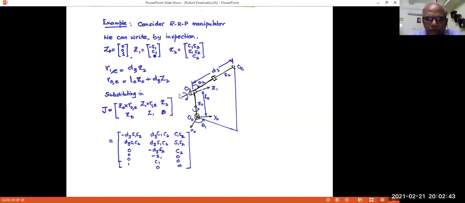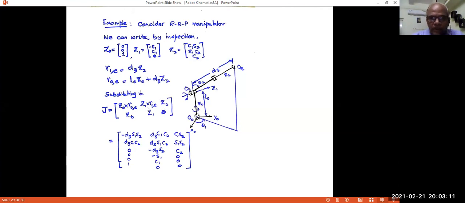Now we'll see a couple of simple cases and see how we can arrive at the Jacobian. The Jacobian, as we have discussed earlier, can be complicated, because you need to derive the link parameter table and then the homogeneous transformation matrices, and then get your required H matrices to get this kind of data.